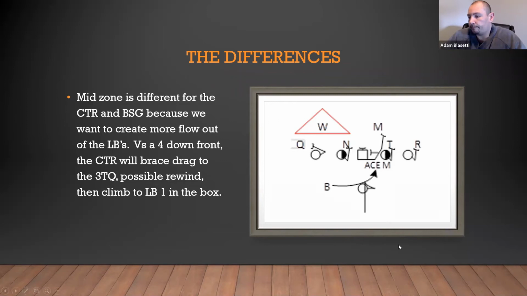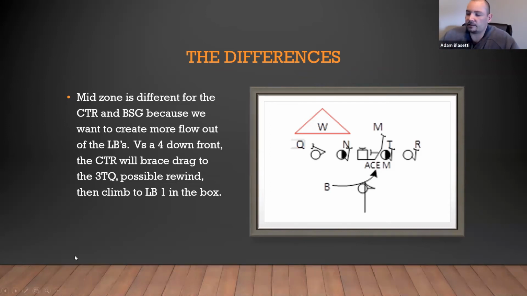So how does the center know what he's going to do on that play? The theory in zone is that if the 3-tech crosses the midline of the front side guard, then he's no longer the center's, and he's not going to chase space to go get him. He becomes the guard's and the guard's alone.